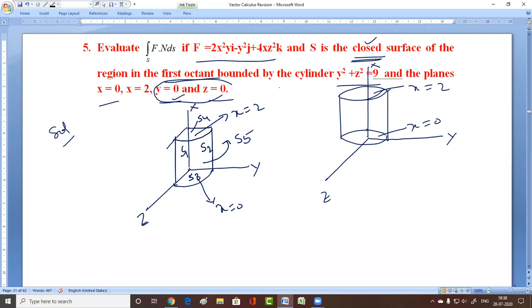Only then will you get the integral of f dot n ds over the closed surface. That's why this problem is most important. First, I will take the surfaces one by one. First, I will take the S1 surface, which is shown in the diagram.